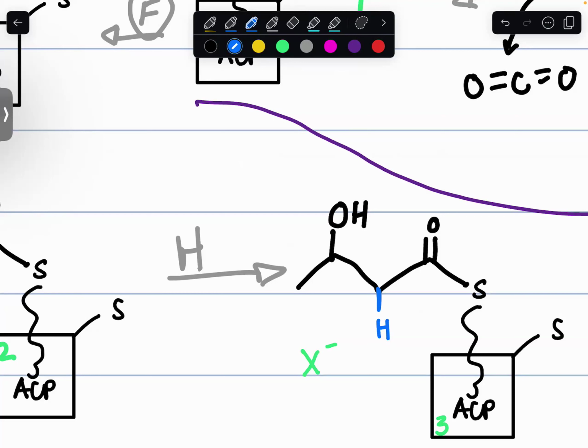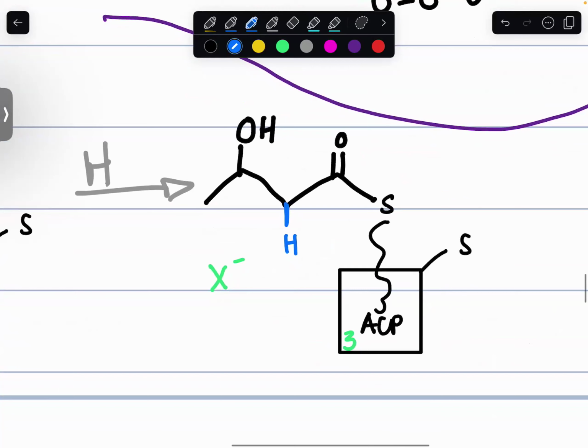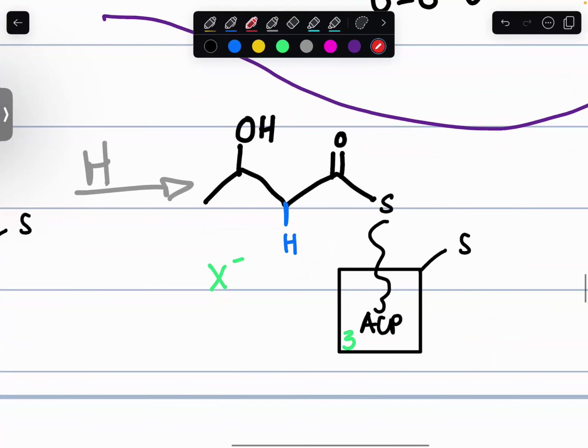You guys want to go over step 3 or chat? So step 3, we're going to deprotonate. X minus is going to take this proton and form an anion here.